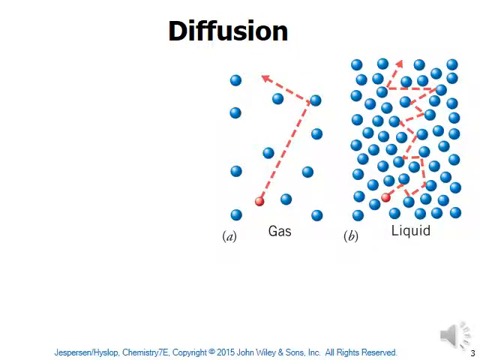Okay, diffusion. I don't know if we talked about this too much, but diffusion is the random movement of particles. Gases diffuse the most.